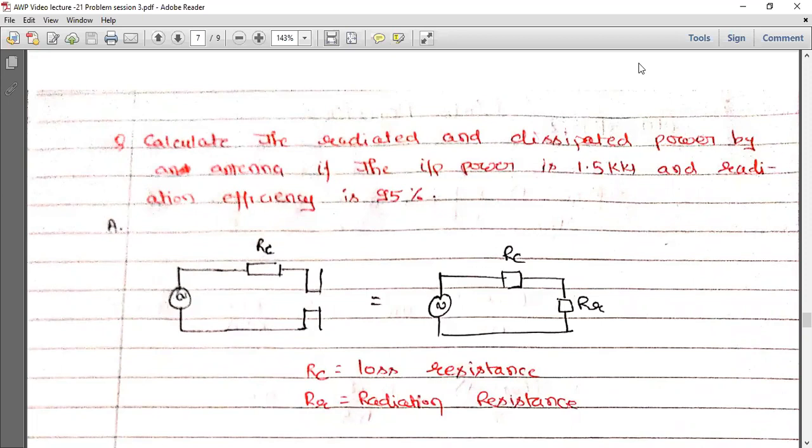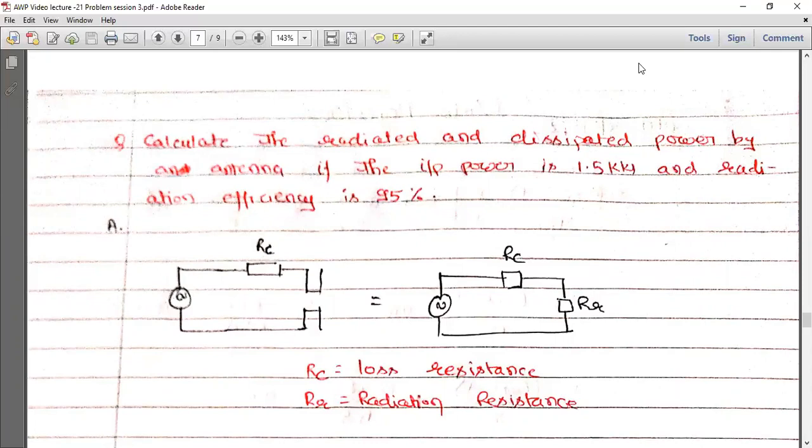We know very well that suppose you have a source with zero impedance. The source impedance is zero, and it is connected to an antenna. Now the antenna is made of metallic material, and so when the source is connected to the antenna and the flow of current across the antenna starts, there will be some losses, some copper losses.